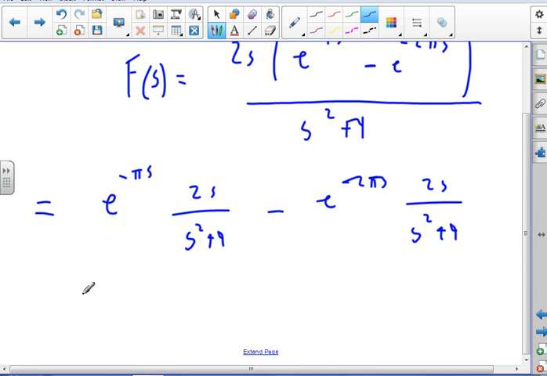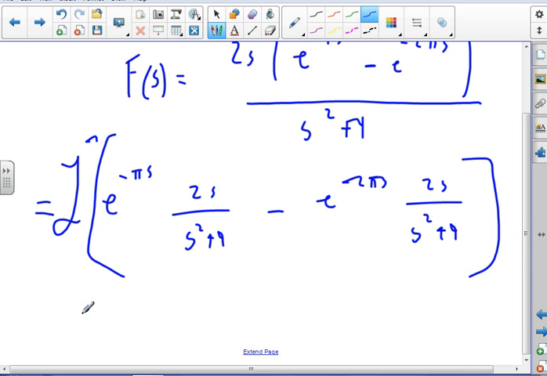Okay, so using my theorem, I'm going to take the inverse Laplace transform. I'm going to have unit step function u of t minus pi times the 2, the sine, who wrote the sine there?